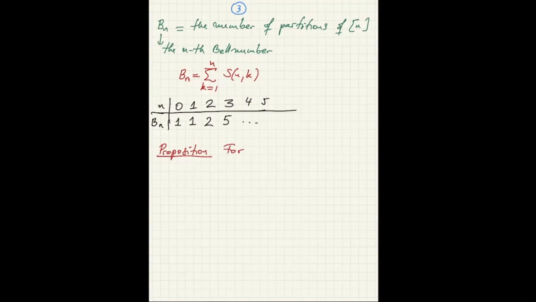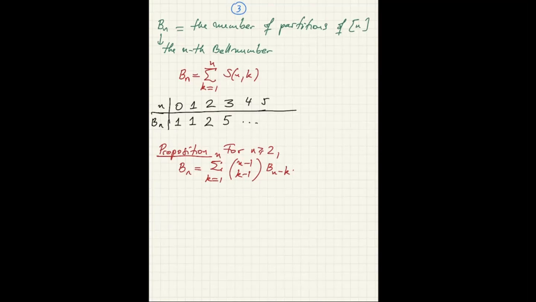For n, let's say greater or equal to 2, Bn is a summation from k equals 1 to n minus 1, n minus 1 choose k minus 1, times Bn minus k.